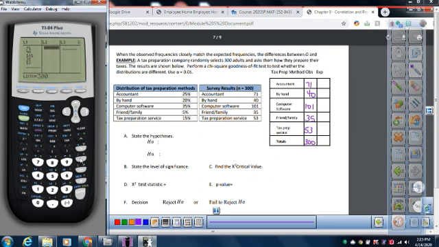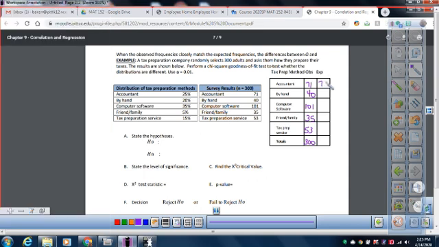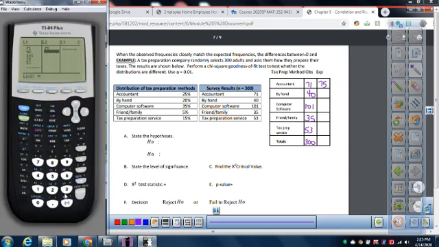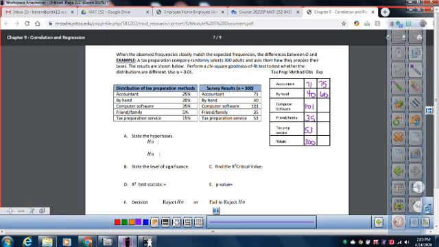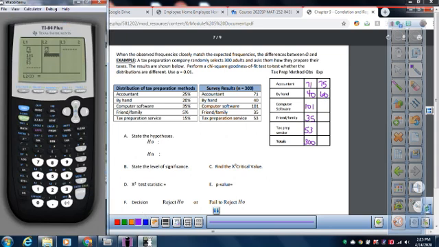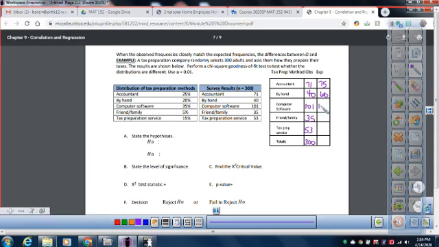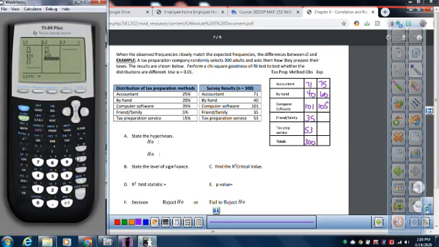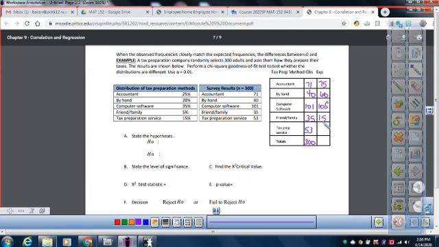So this is 300 times 0.25, which is 75. Then 300 times 0.2, which is 60. 300 times 0.35 is 105. 300 times 0.05, make sure you do 0.05 and not 5, which is 15.